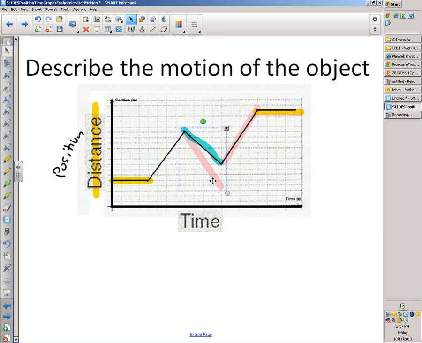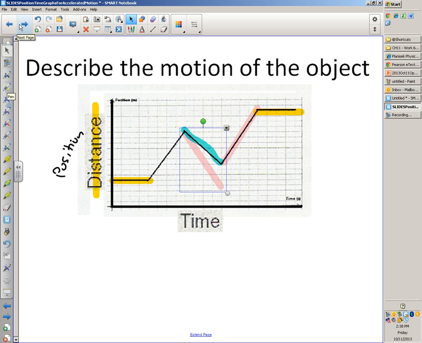Not as quickly, more slowly, because what do we see about the slope of blue versus the slope of pink? Not as steep. Pink is a higher slope, meaning that would be a faster speed, a faster velocity, but in the opposite direction. Good there? We okay with that?